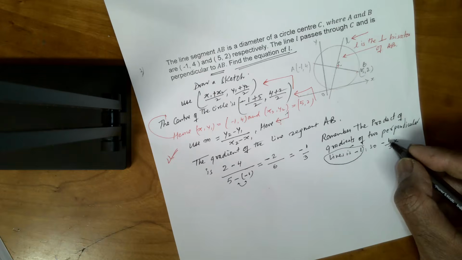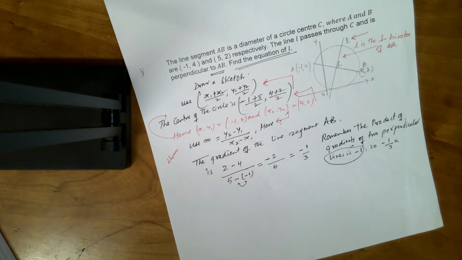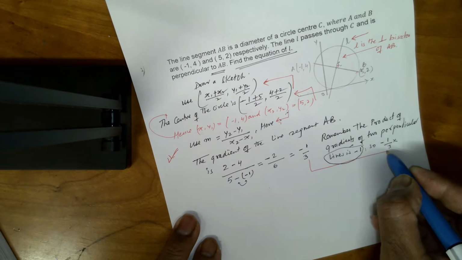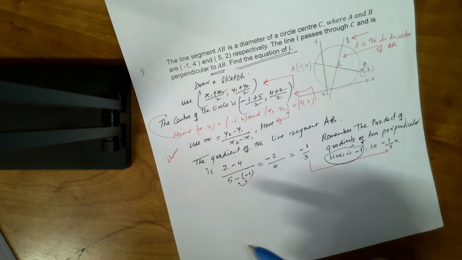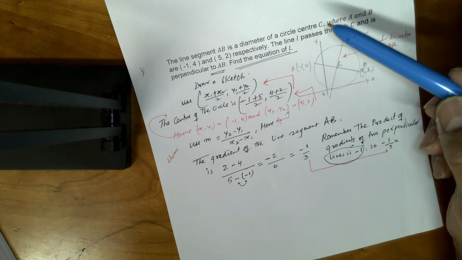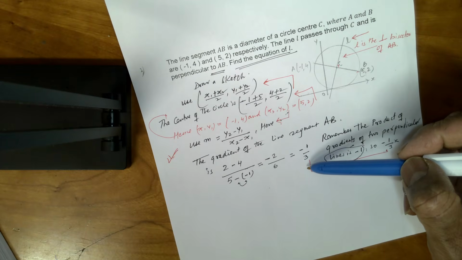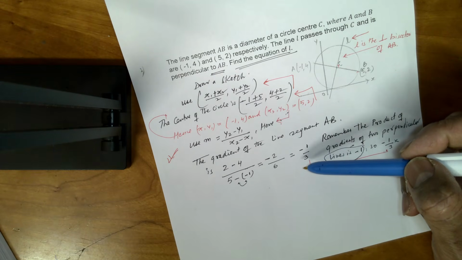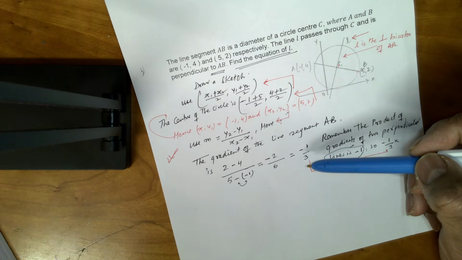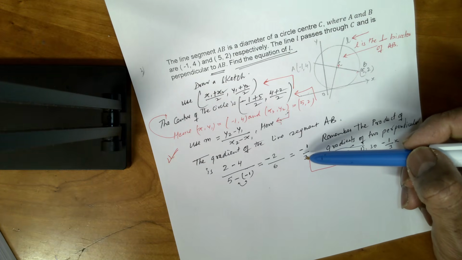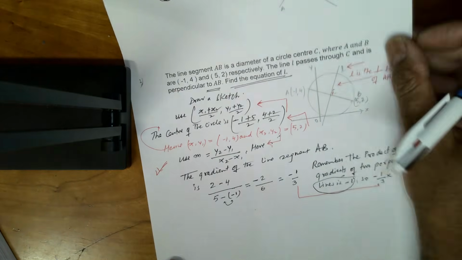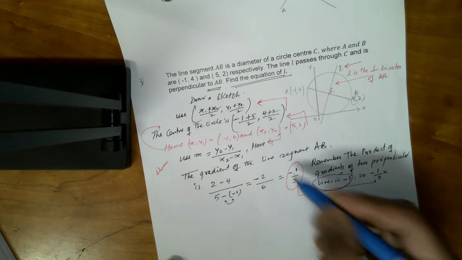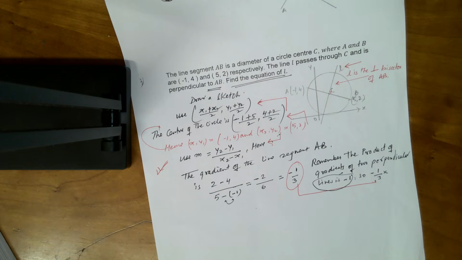Because minus 1 by 3 is the gradient of the line AB, and if the line is perpendicular, then it will be minus 1 over M. In other words, that will be 3.